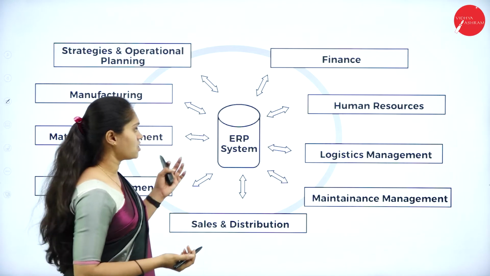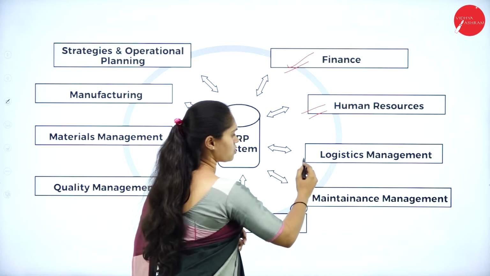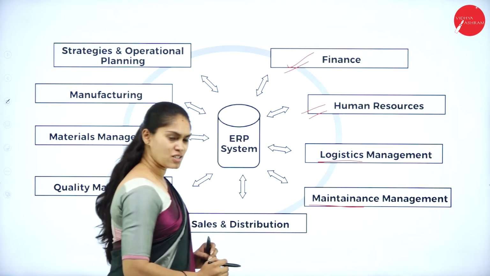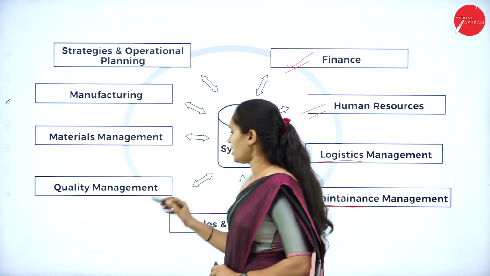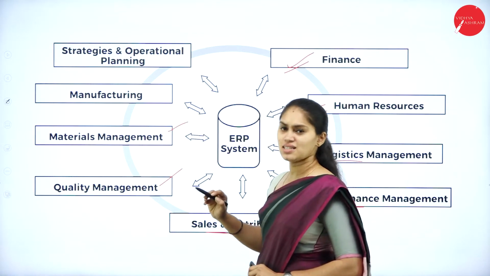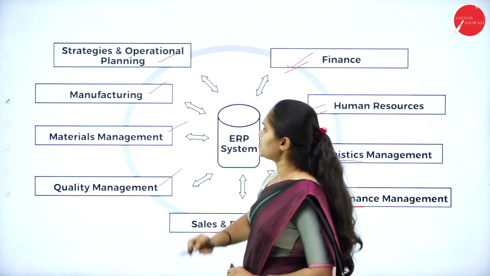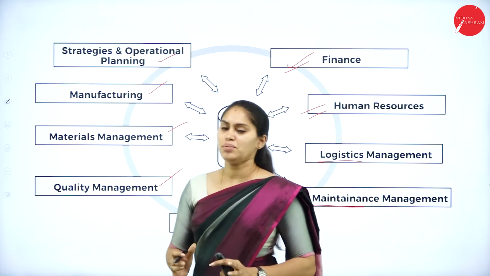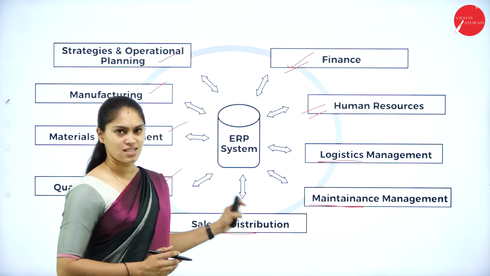So it mainly consists of finance, human resources, logistics management, maintenance management, sales and distribution, as well as quality management, materials management, manufacturing, and strategic and operational planning. So the complete ERP package will provide support for all these sectors.